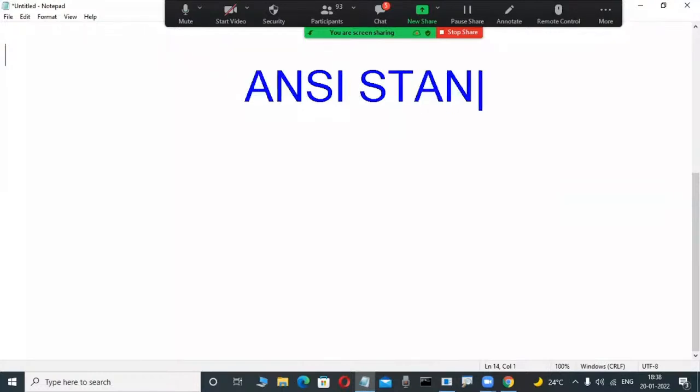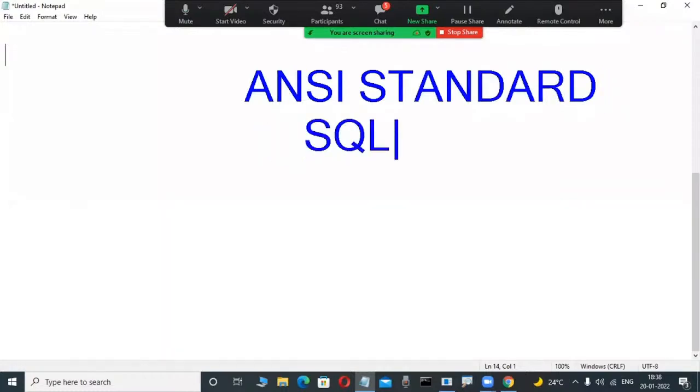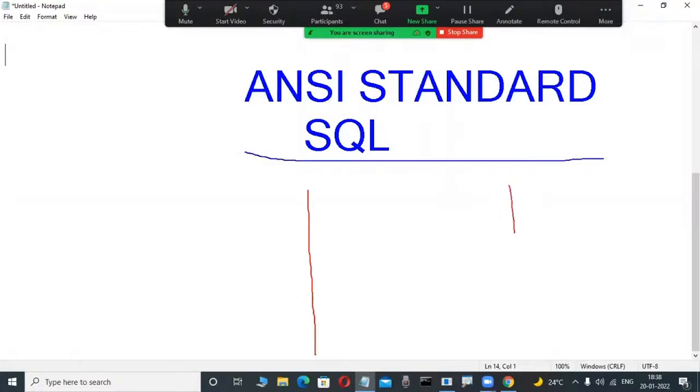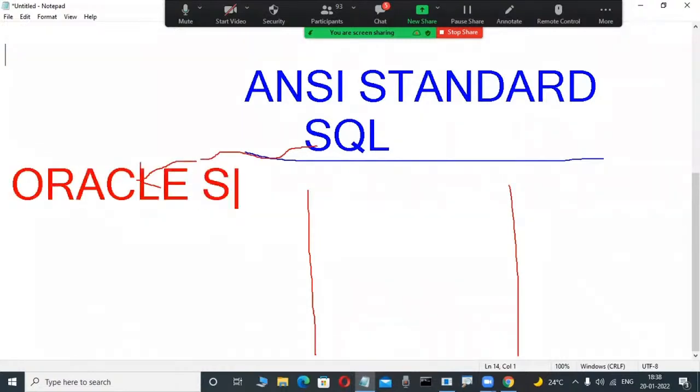This ANSI standard language is used to operate all the relational databases, I agree. But unfortunately, from this ANSI standard SQL, Oracle Corporation created their own SQL, that is called Oracle SQL. That is important, and so many fellows don't know it.